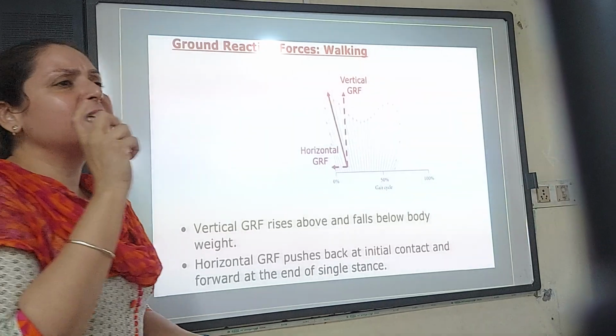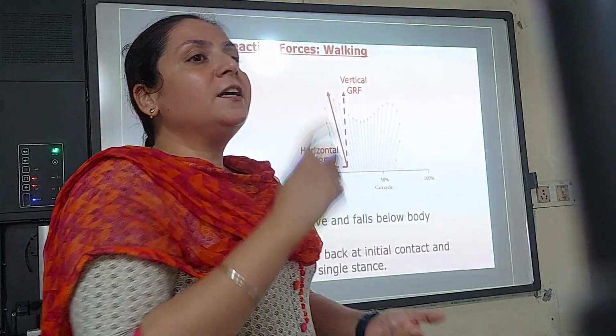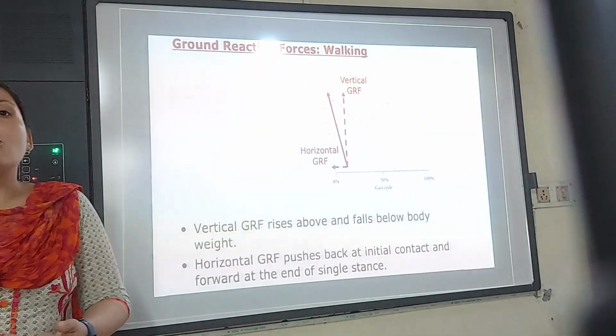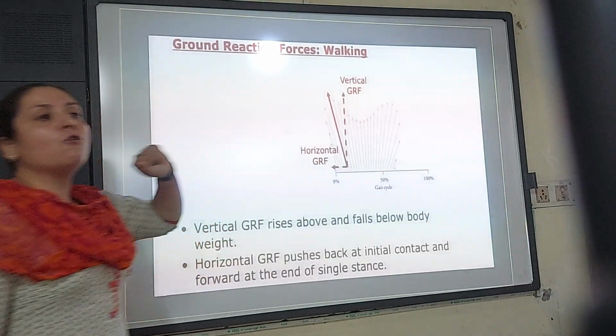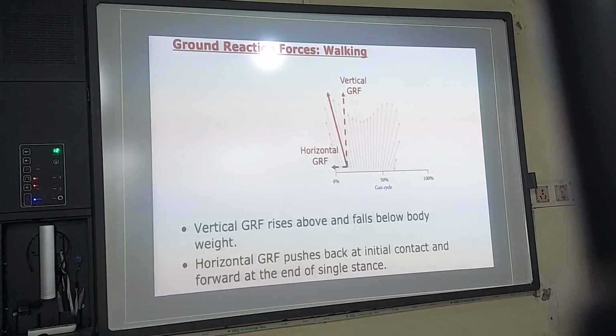What does this mean? It is center of mass. Whether it is above our center of mass or going below the center of mass. And this horizontal force is telling us whether it is giving us a pushback or a forward move.